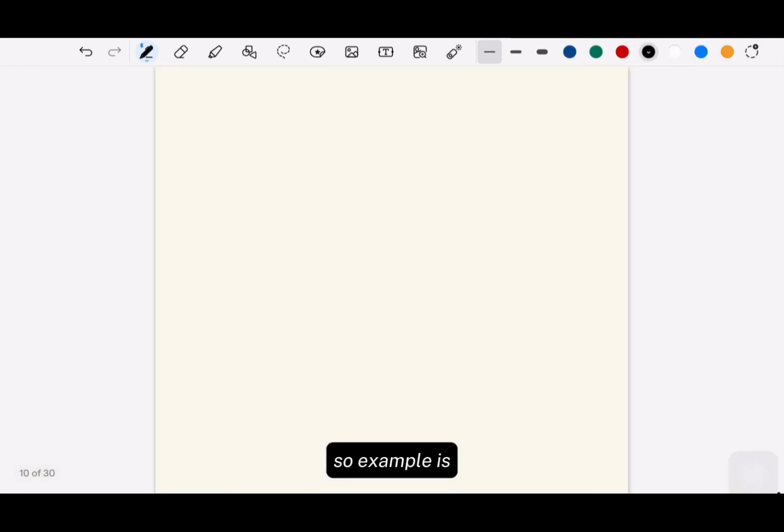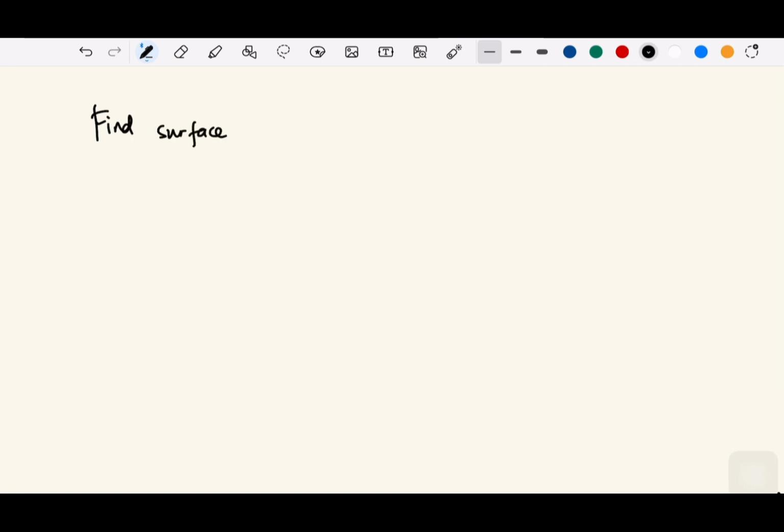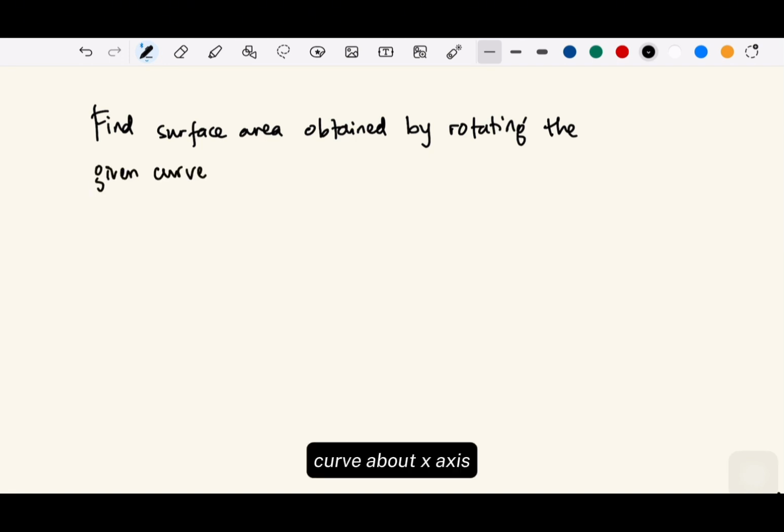So the example is, let's say we need to find the surface area obtained by rotating the given curve about the x-axis.